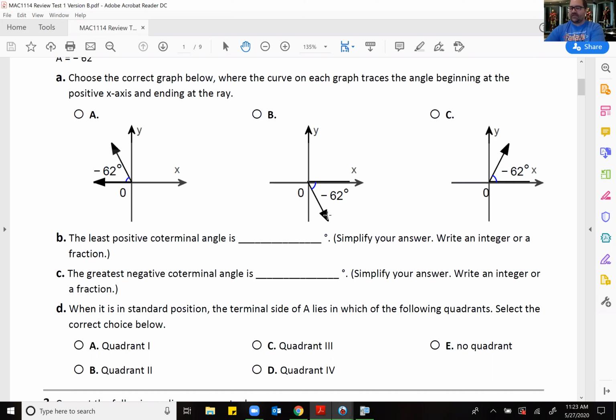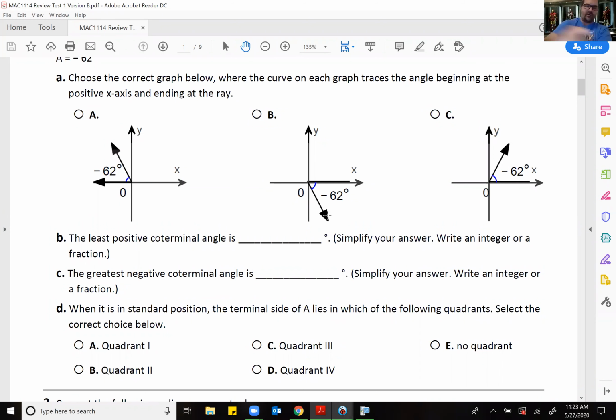And I don't like that they call this the least positive. That's bad vocabulary here, because sometimes the angle they give you is already the least positive, so it's misleading. And sometimes the angle they give you is the greatest negative coterminal angle.